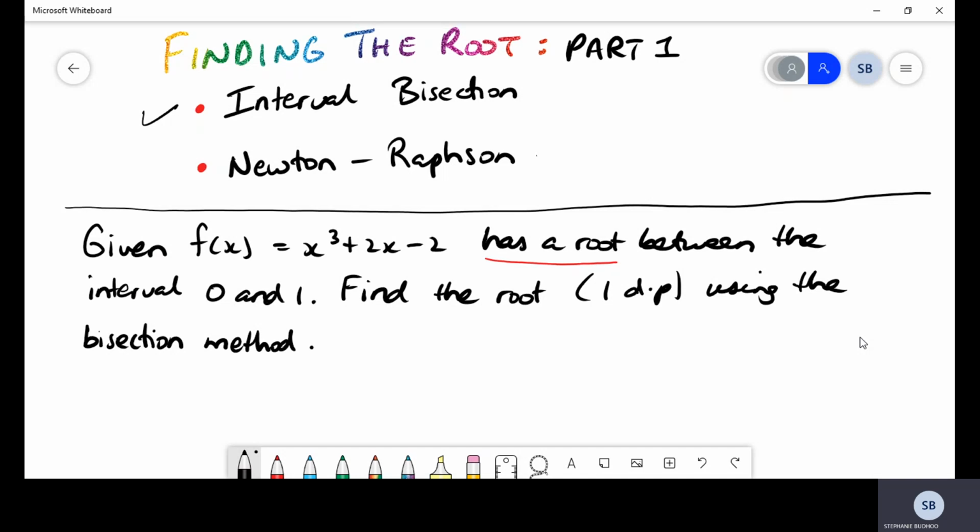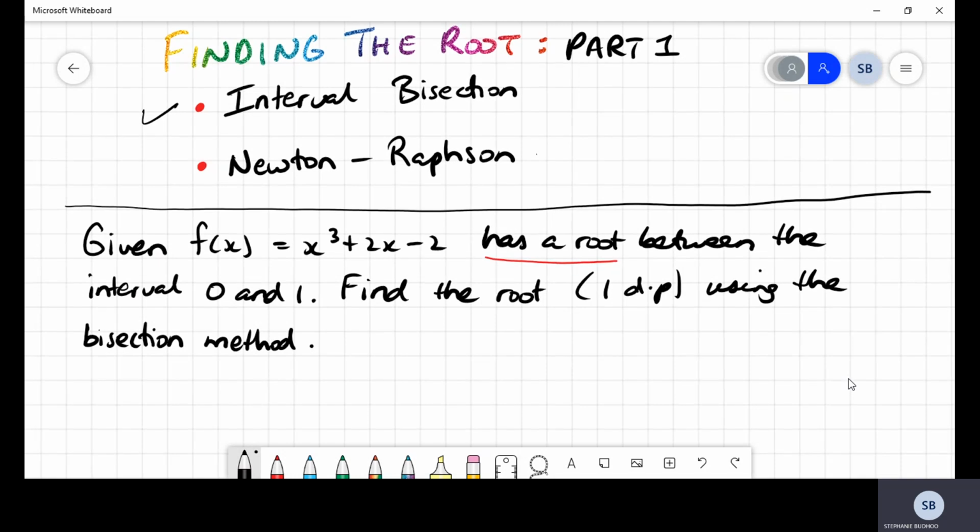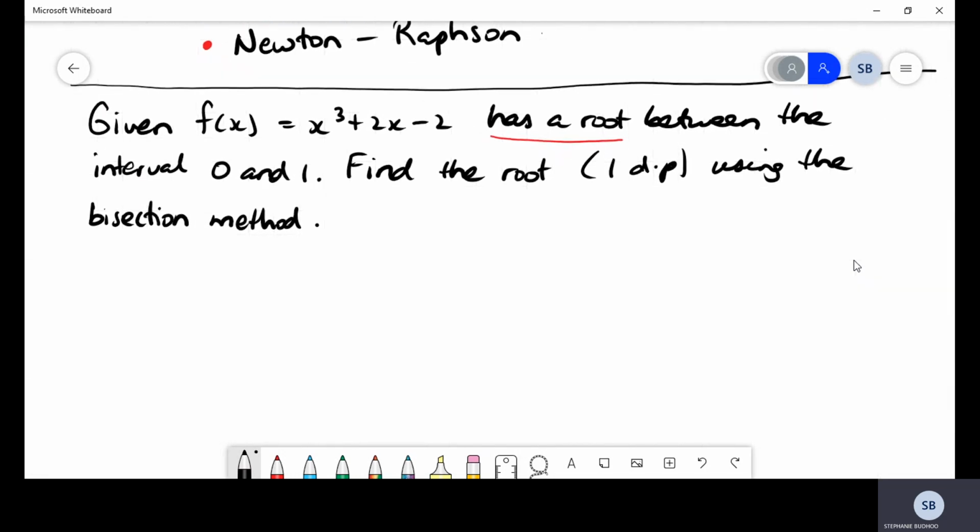Now, first of all, in applying this method, you need to carefully be able to identify your function. So the function is given by x cubed plus 2x minus 2.